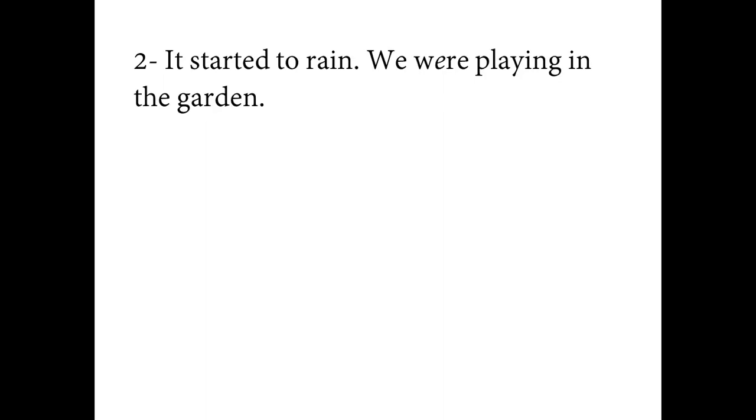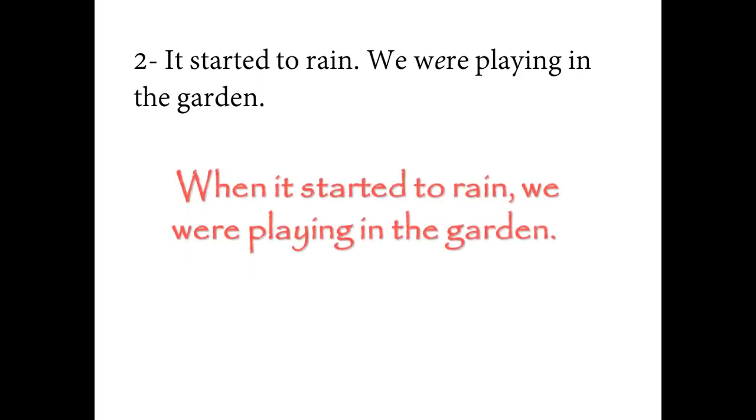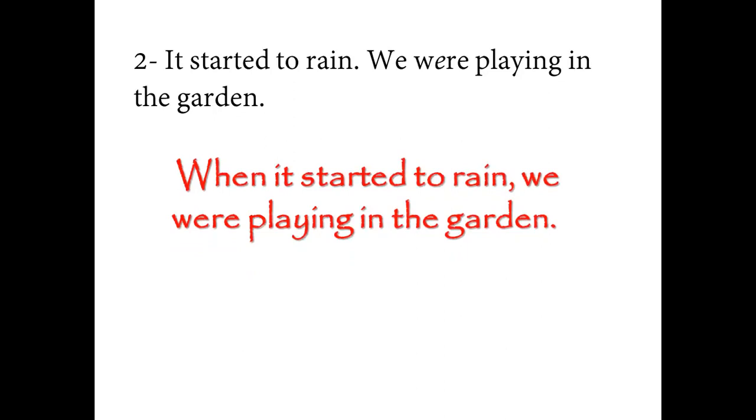That's why we used the past continuous tense for it. Can I link both of them using when? Yes, I can start with when. When it started to rain, we were playing in the garden. Here I started with when because it should be followed by the short action, the action that interrupted the other.